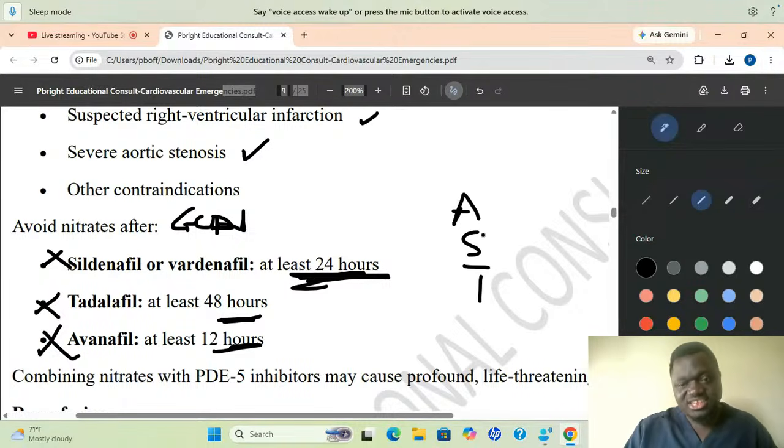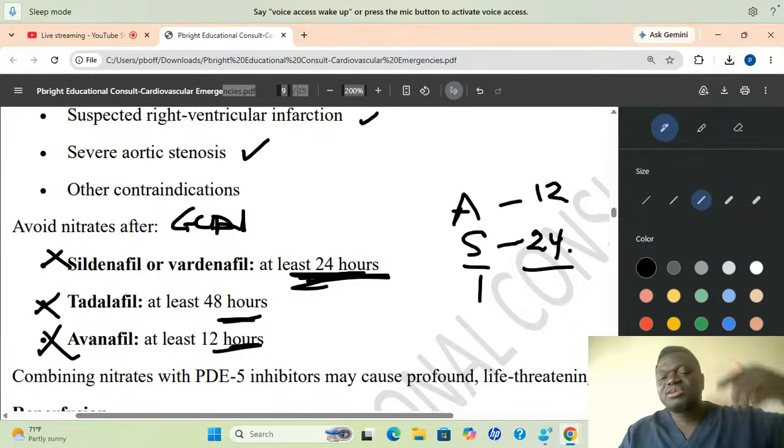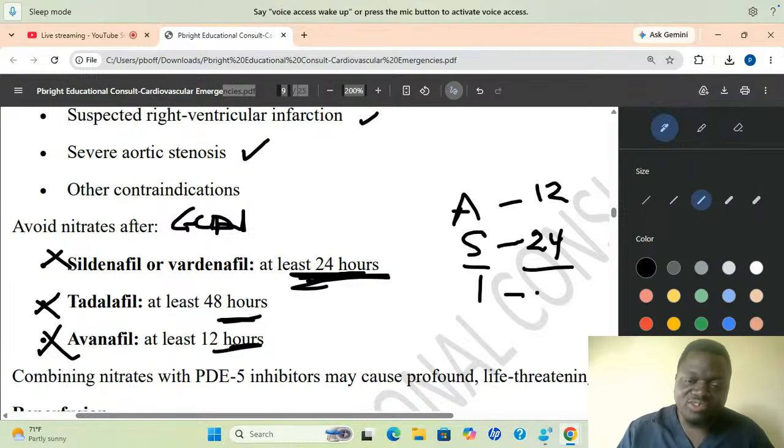AST. So I go to work at 12 hours. That is the avanafil. When I pick overtime, it means I've done 2 shifts. That is 24: sildenafil. Let me do another 2 days on top: 24, 24, 48.